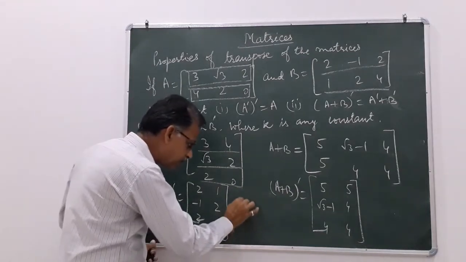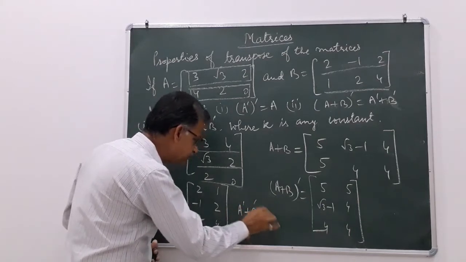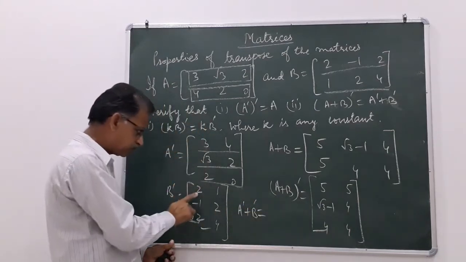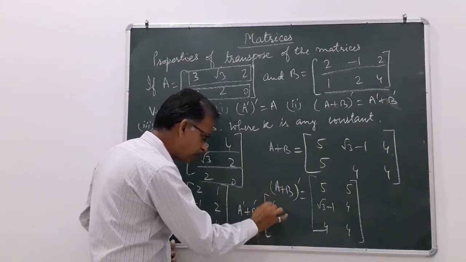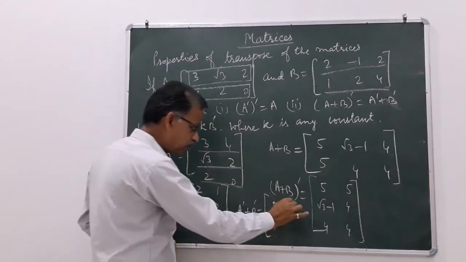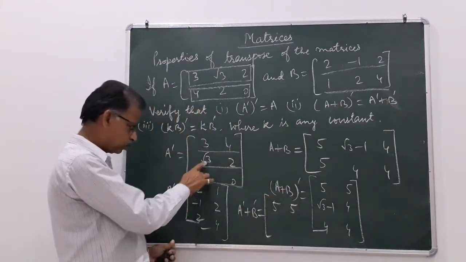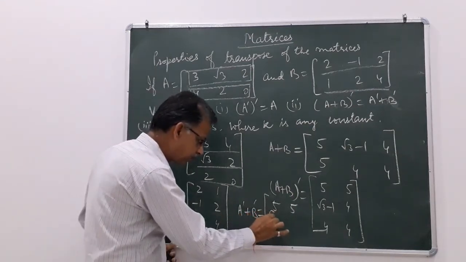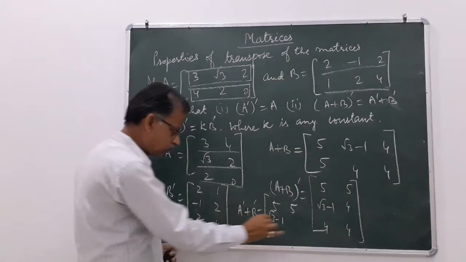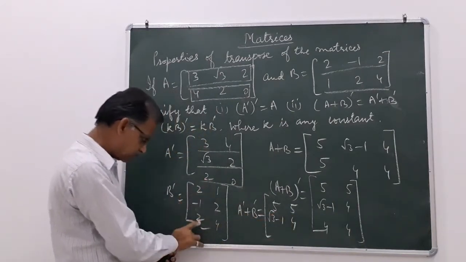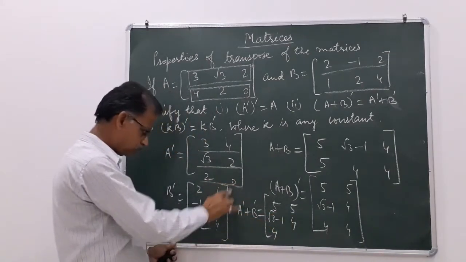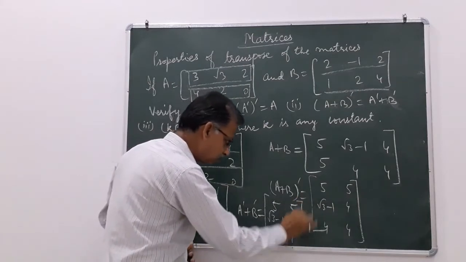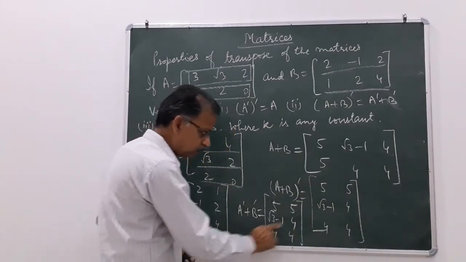So A dash plus B dash: 3 plus 2, 5. 4 plus 1, 5. Root 3 minus 1. 2 plus 2, 4. 2 plus 2, 4. 0 plus 4, 4.